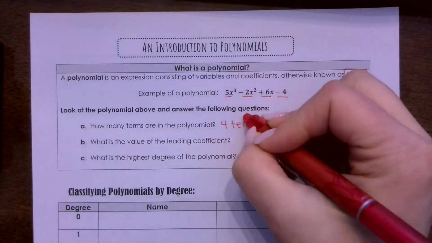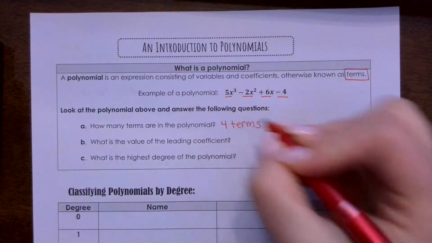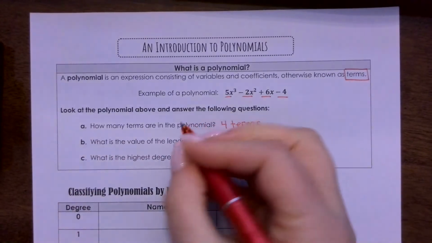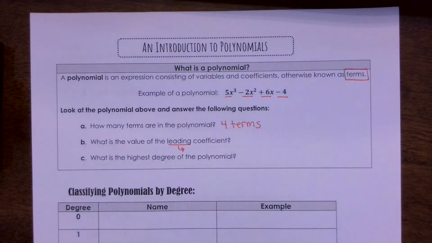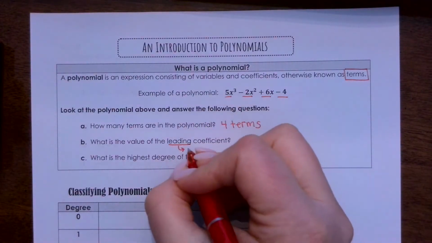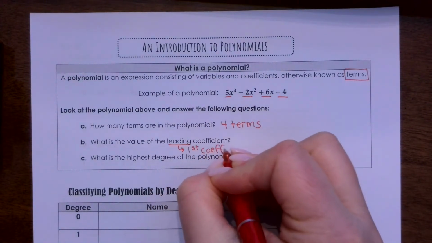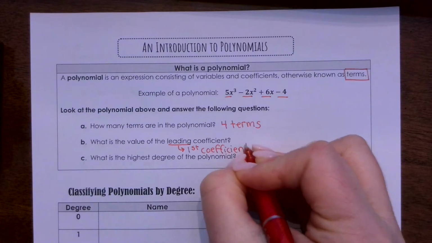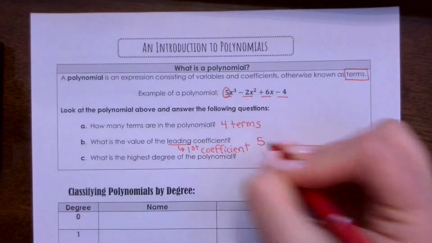We'll just erase that and make it look like the word terms. What is the leading coefficient? So remember, the coefficient is the number with the variable. The leading coefficient is going to be your first coefficient. So my first coefficient is this number here, 5.